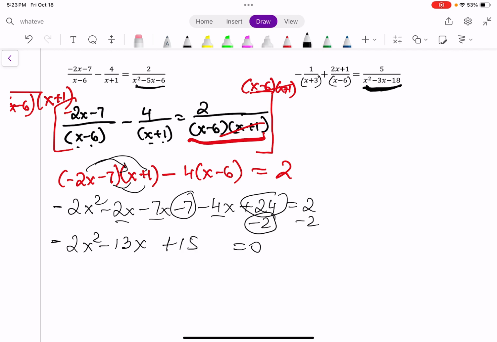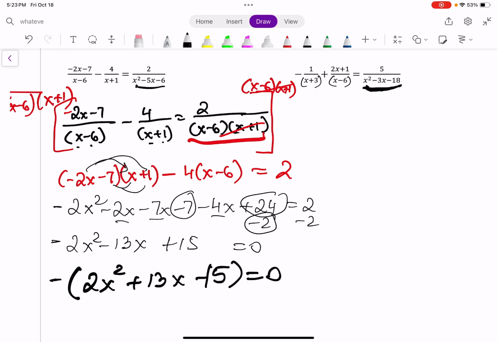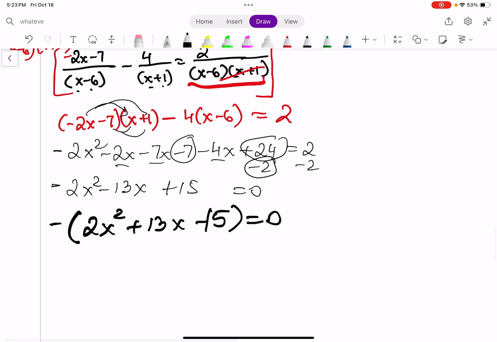All right. I do not like to start with a negative, so I'm going to factor out the minus sign. And then let's see if we can factor again. 2x and x for 2x squared.